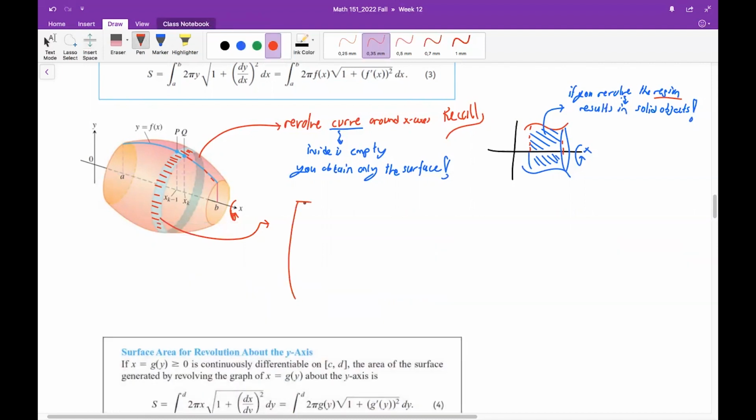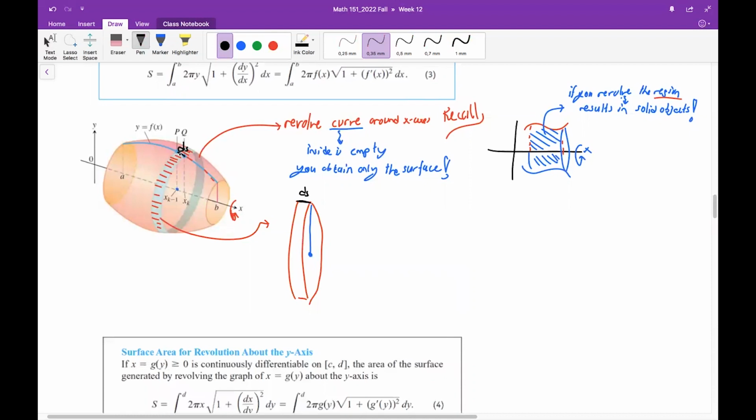It is some strip like this, circular one, and it is more like a cylinder, right? So this is the center, and it is denoted like that. And as we did before while computing the lengths, we will denote a very infinitesimal part of our curve as ds. So ds is here.